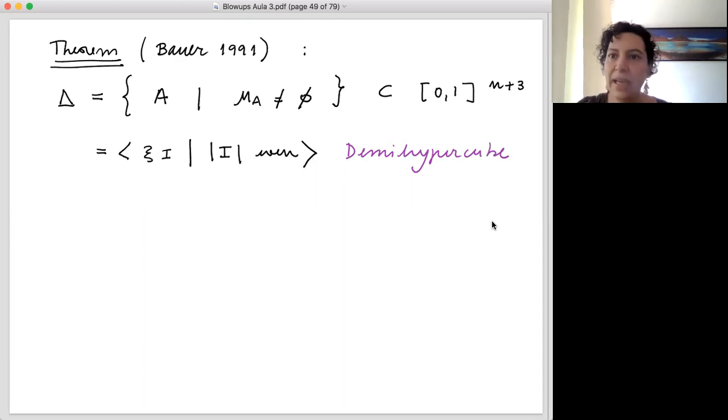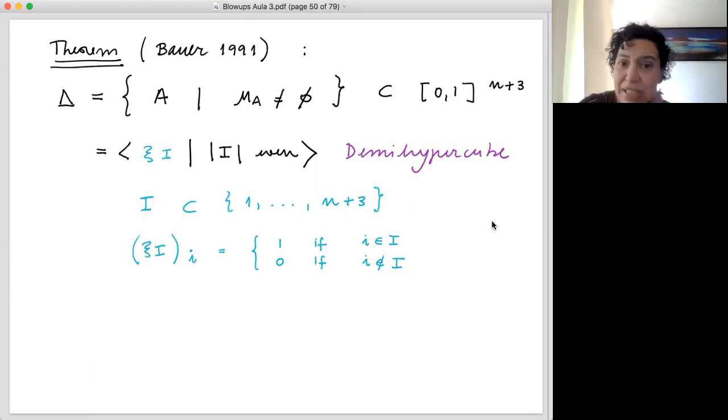And it turns out that he showed that this is what is called the demi-hypercube. So inside the hypercube, you look at half of the vertices. More precisely, for every subset E of the index set from 1 to n plus 3, we can have a vertex of the hypercube consisting of the points with coordinate 1 if the index i belongs to the set, and coordinate 0 if this index does not belong to the set.